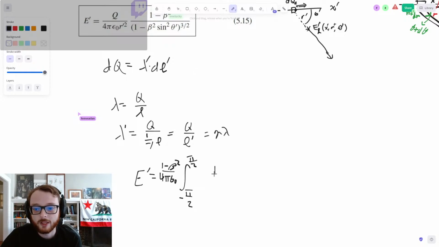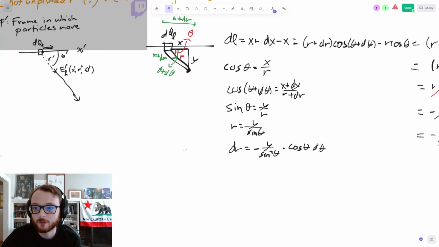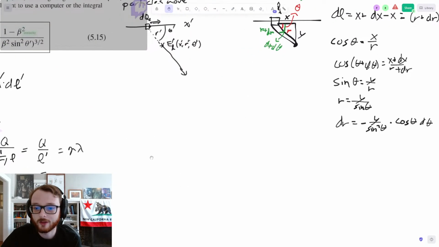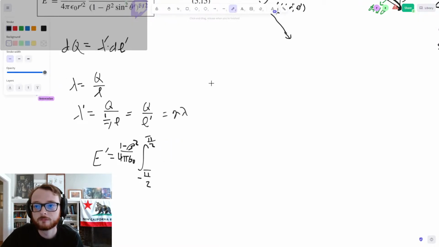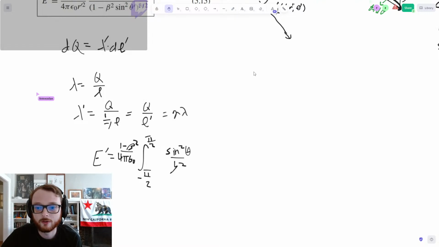So we have 1 over r prime squared, which actually we know to be y over sine theta. So we get sine squared theta over y squared.